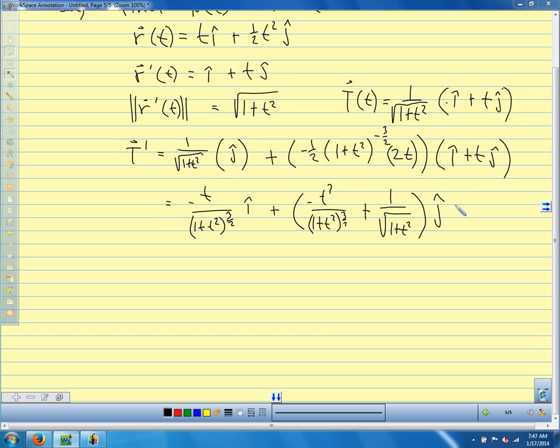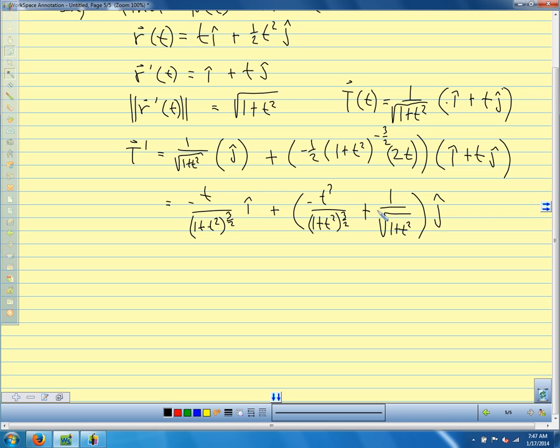What I did, I'm not going to go through all the steps. But what I'm going to do here is find a common denominator so we can simplify this fraction, so we can add these two fractions. We can write this in a little simpler form.